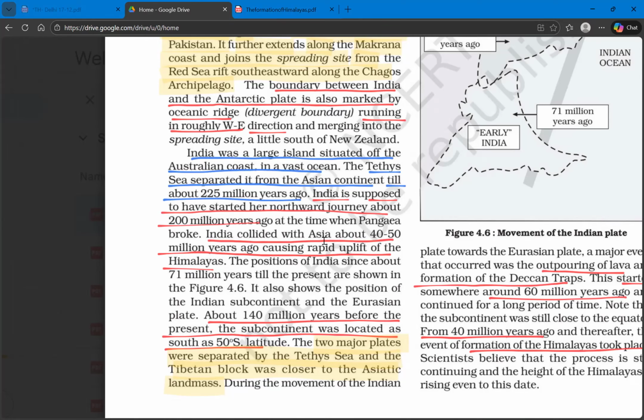India collided with Asia around 40 to 50 million years ago, causing rapid upliftment of the Himalayas. So, about 225 million years ago, Tethys separated the both, and 200 million years ago, India started her northward journey. But around 40 to 50 million years ago, India collided with Asia and caused rapid upliftment of Himalayas.